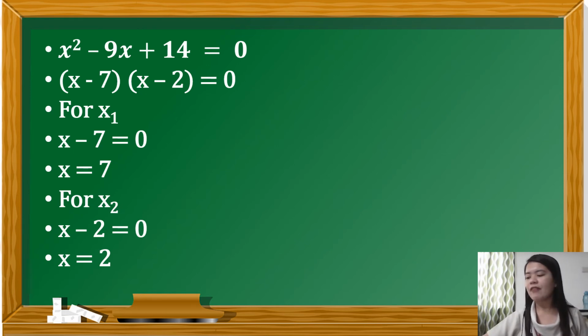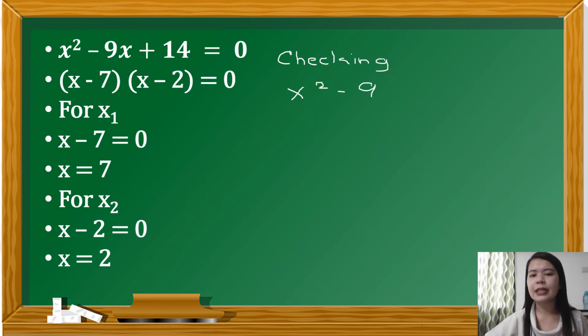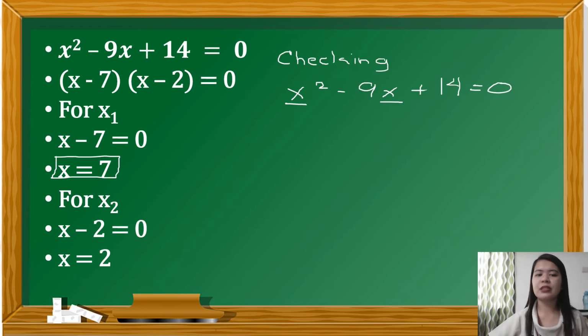Now, we will have our checking first para malaman natin kung tama ang ating sagot. For our checking, we will go back to the original equation x squared minus 9x plus 14 equals 0. At papalitan natin yung x with the values that we have in our answers. First one, we will have x equals 7.